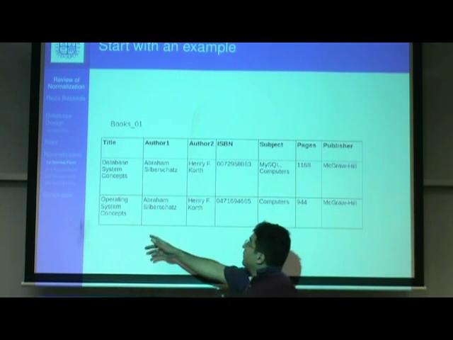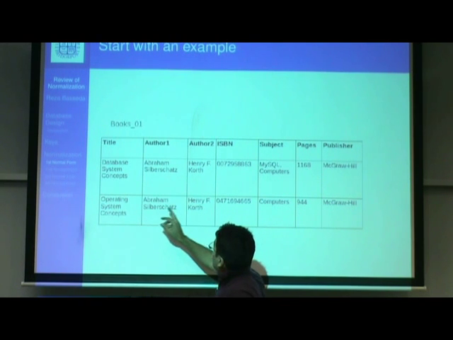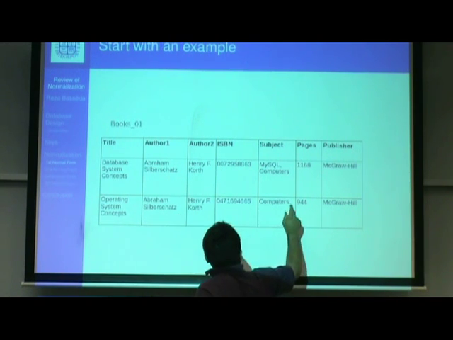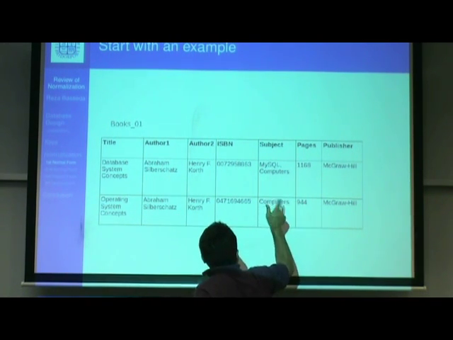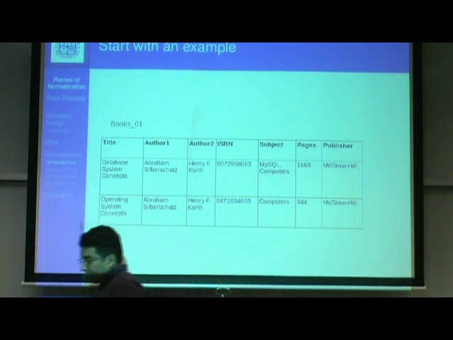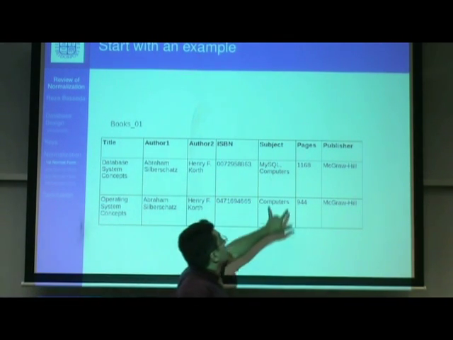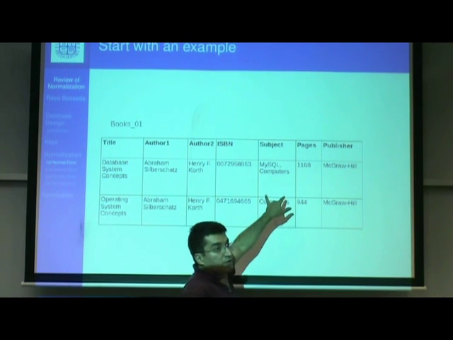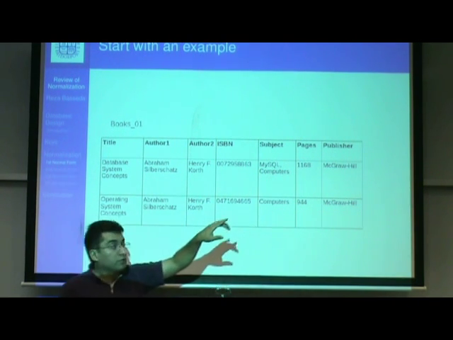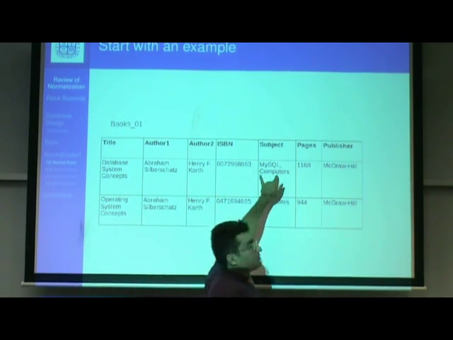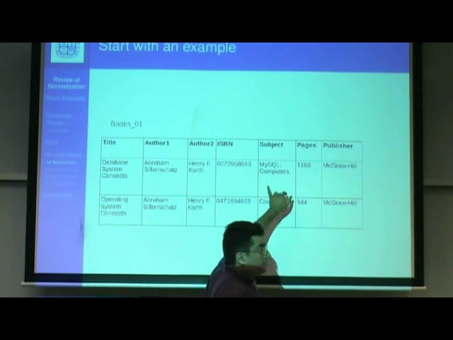Again here, we have the name of the book, first author, second author, ISBN, subject, which is one attribute, and then number of pages and publisher. So the subject attribute is called a multi-value attribute because you can have several subjects for a single book.